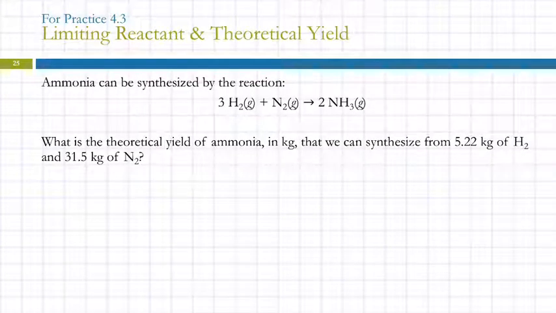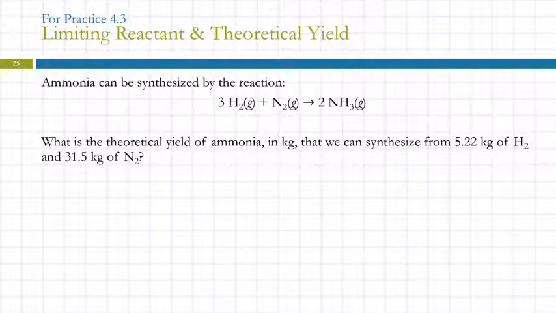So here's an example. Ammonia can be synthesized by this reaction. What's the theoretical yield of ammonia in kilograms that we can synthesize from 5.22 kilograms of hydrogen and 31.5 kilograms of nitrogen? So there's my balanced chemical equation. You need to have that because we need to know how many moles of hydrogen and how many moles of nitrogen make how many moles of ammonia.